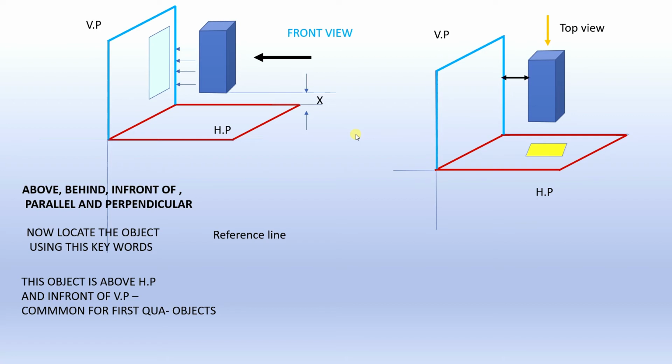In the front view, how much above HP will be easily identified, and it will be projected on the VP plane. In front of VP, we have studied that the distance from VP to the object will be easily visible when we see it from the top view. You take that as Y.